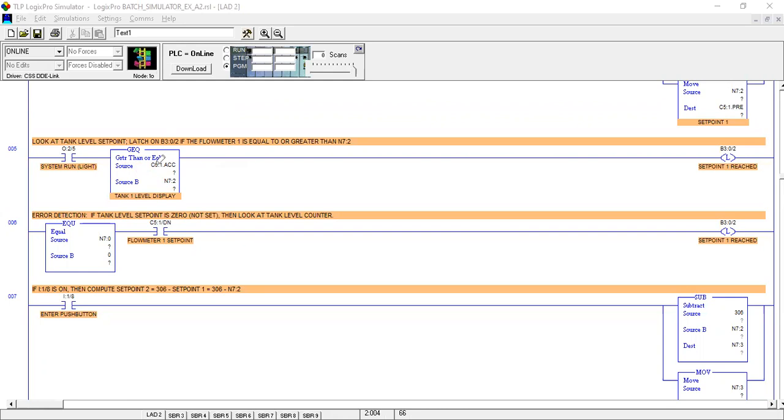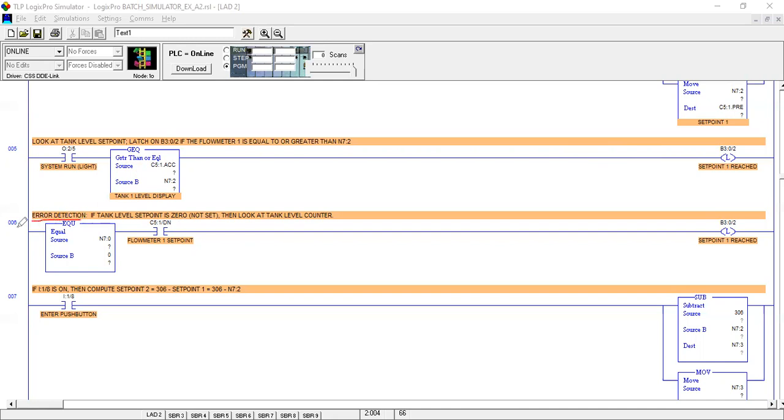Okay, if the source A value is greater than or equal to the source B, it will pass the signal, otherwise it will stop. Okay, after passing the signal, our latch instruction will get the power supply and provide the signal in the physical way, in the hardware.